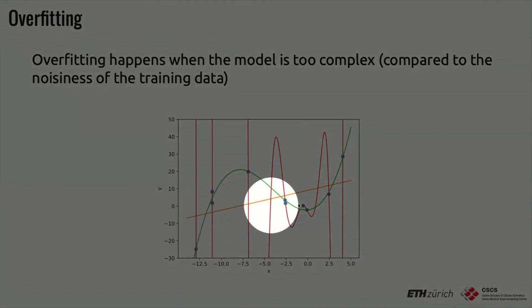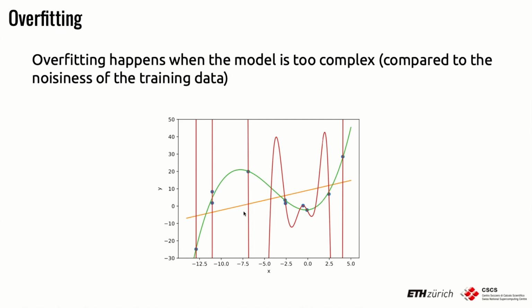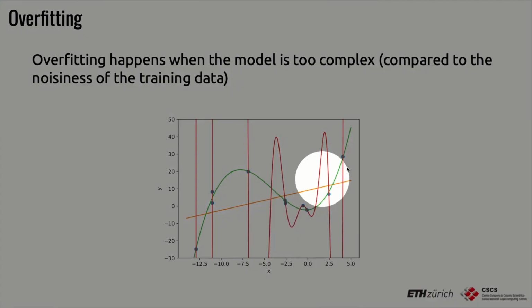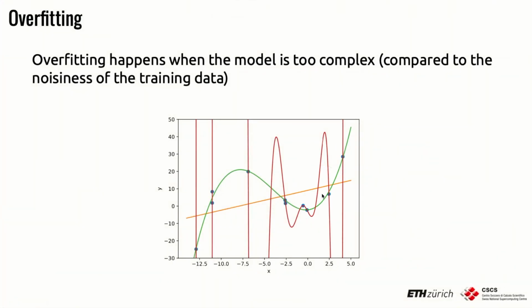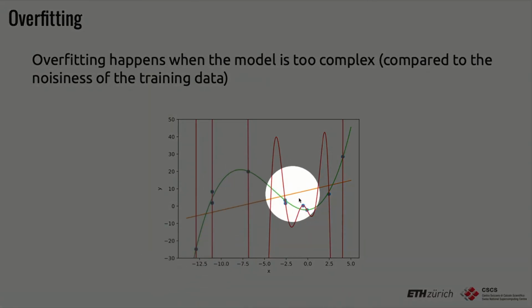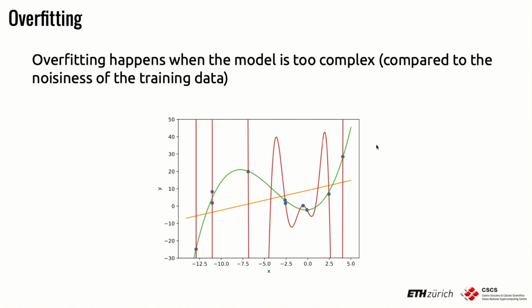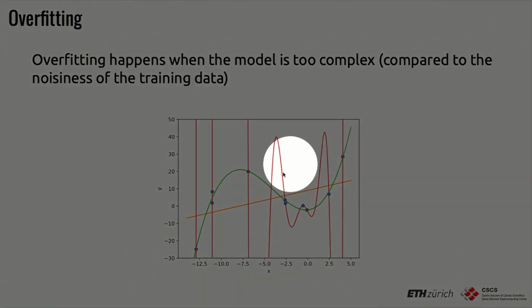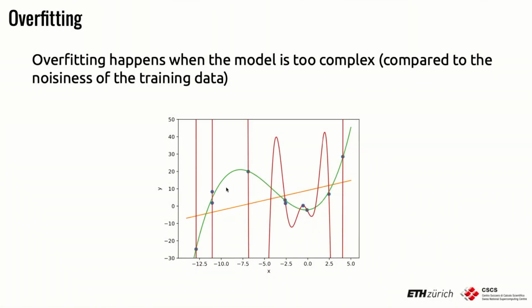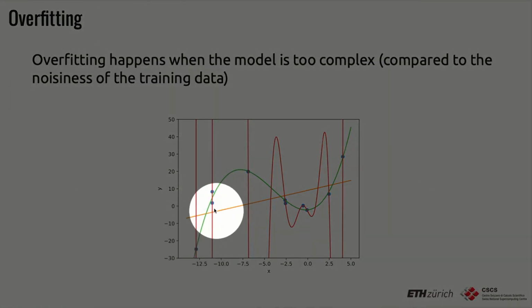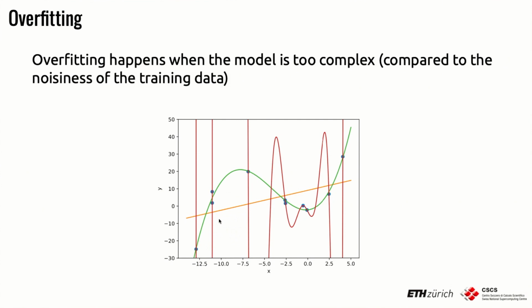And if we fit them with a linear model, which is this straight line here, obviously it's not a very good model because you have a non-linear data set and you're trying to fit a linear model to it, so you cannot do very well. And then if you try to fit it with a cubic polynomial, which is actually what I used to generate the data, you can do really, really well, as expected. But if you try to fit it with a polynomial of degree 10, you overfit.